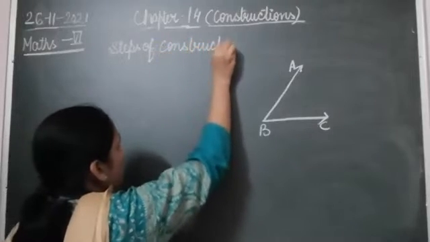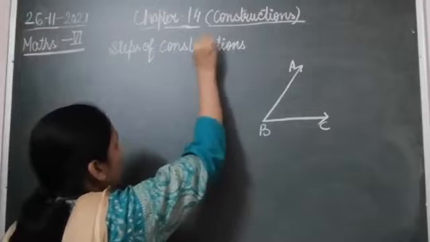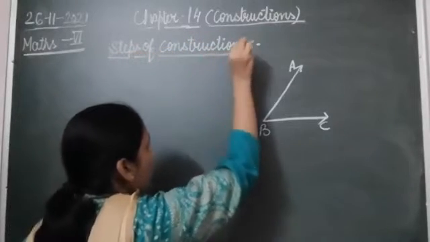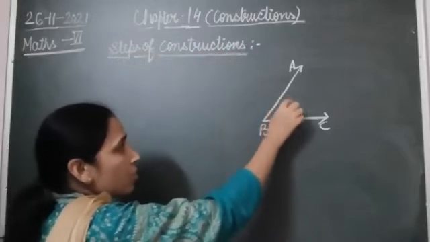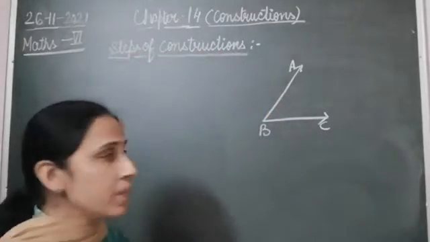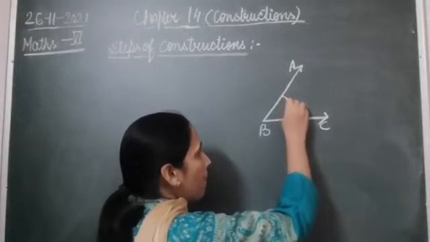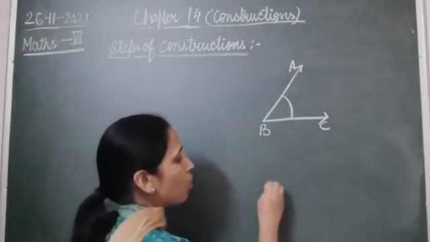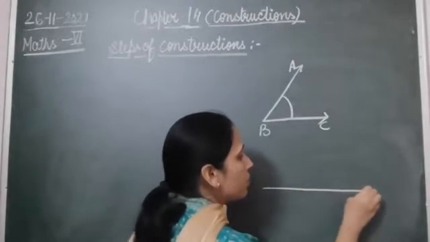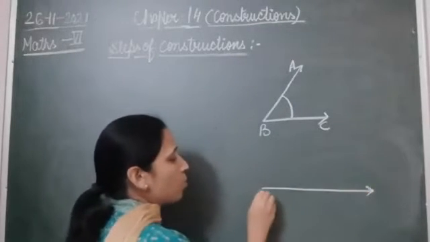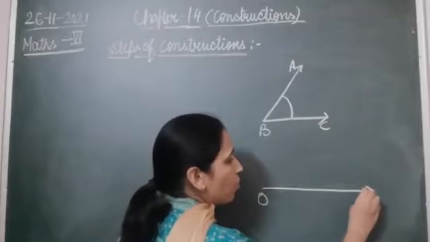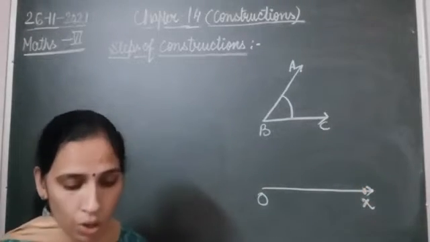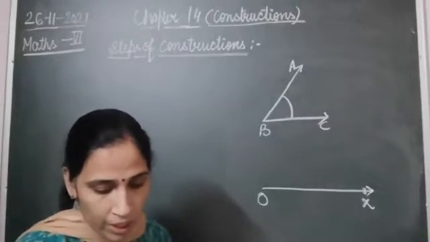If you need to draw an angle equal to the measurement of this angle, what we need to do is draw a ray whose name we can give OX. We will draw a ray OX.